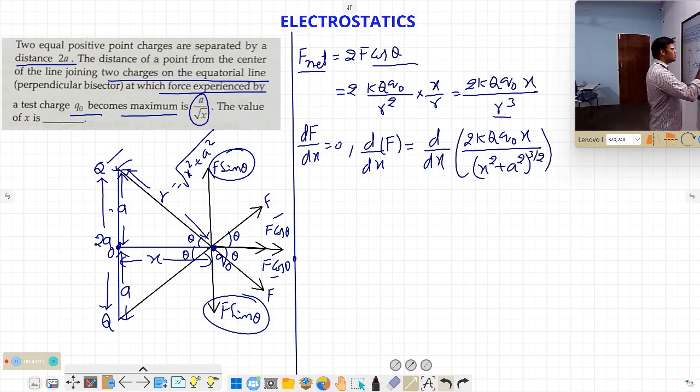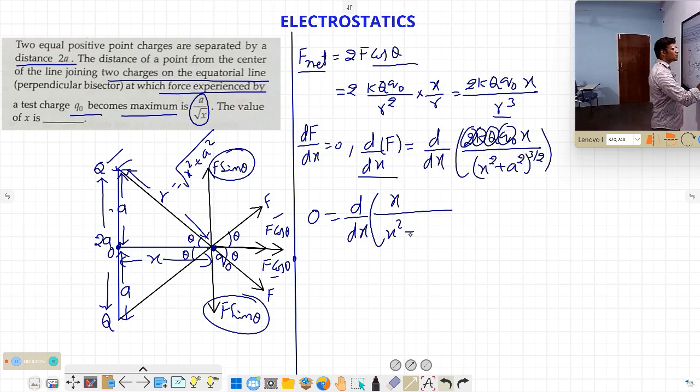So in this case, df by dx is 0. 2 is constant, no need to take. k is constant, capital Q and small q are all constant. The only differentiable function is d by dx of x by x square plus a square whole power 3 by 2.